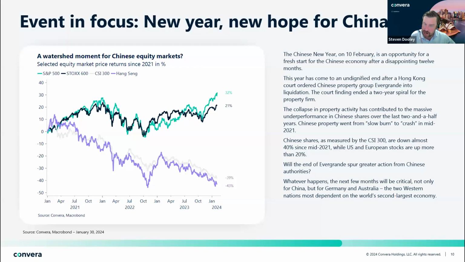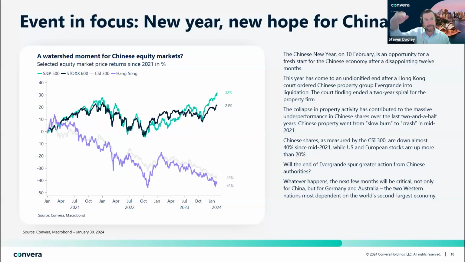If you look at the start of January 2021 and start at zero, US shares up 32%, European shares up 21%, but in China and in Hong Kong, China down 39%, Hong Kong down 43%. So it's really stark that if you look at the globe, the real underperformance is out of China.